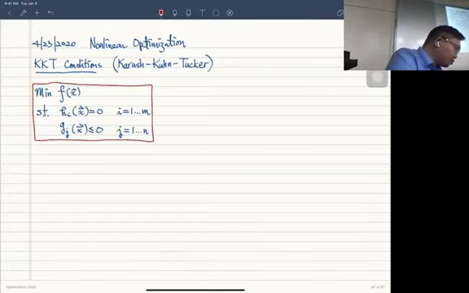That's something we didn't know in the past, but it will be one of the important equations in the KKT condition. Okay, so let's see.